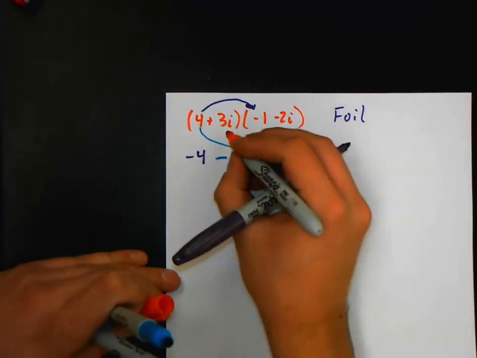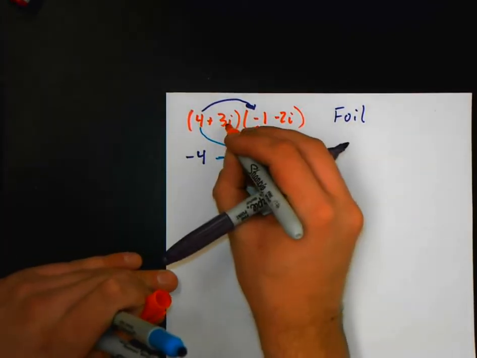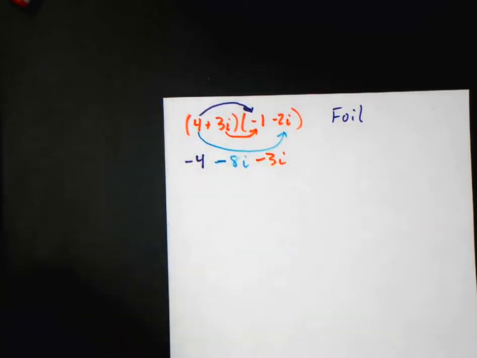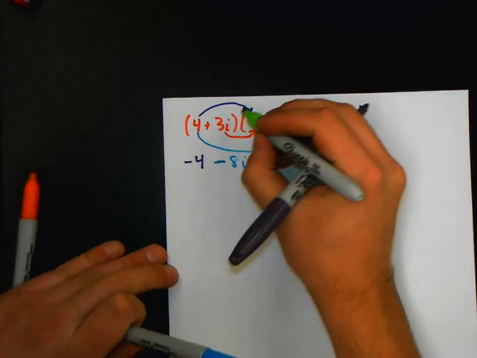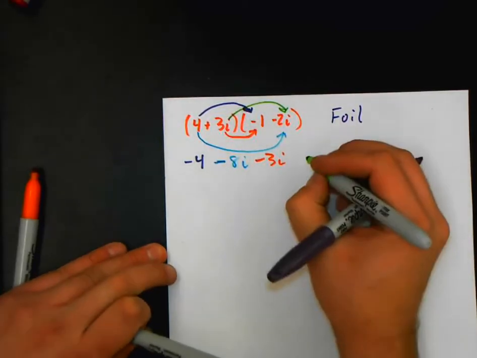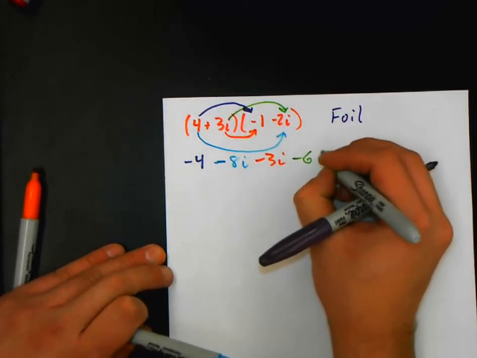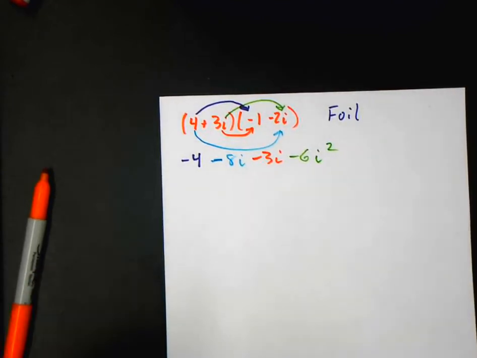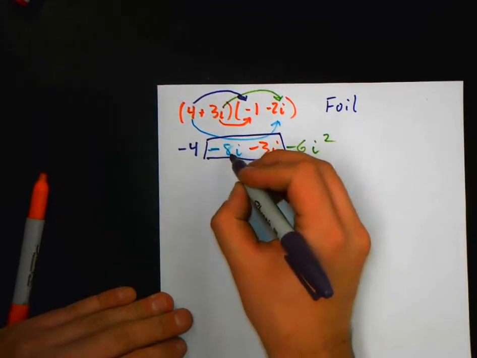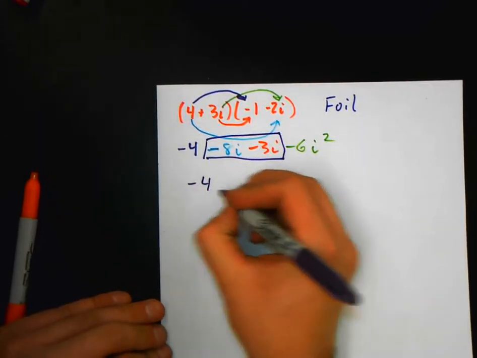Then the insides being multiplied, 3i times negative 1 is negative 3i. And then the last ones multiplied, 3i and negative 2i, give me a negative 6i squared. Combining my like terms with the i's together, negative 8 minus 3 gives me a negative 11i.